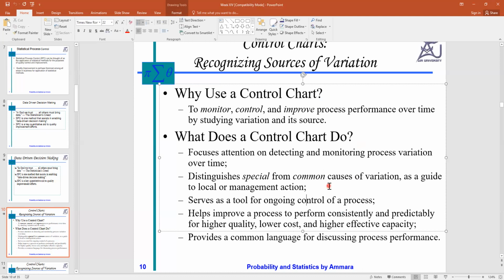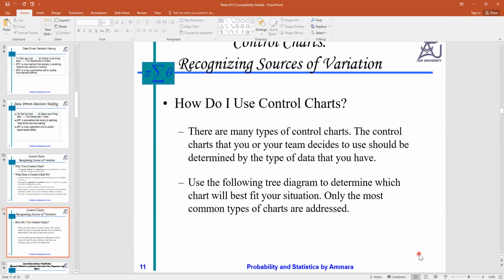Here are a few tips on how you can choose the control charts. There are many types of control charts, and we mainly divide them into two: attribute and variable. Attribute charts have many categories, and variable charts also have different categories. The important thing to note is which chart is appropriate for which kind of data set.